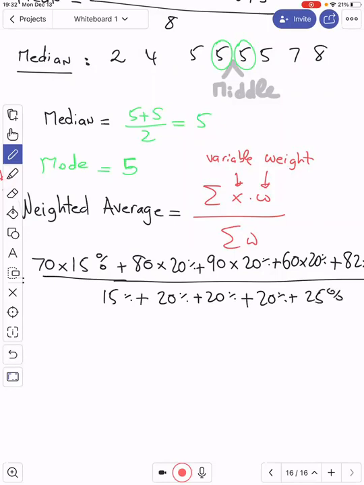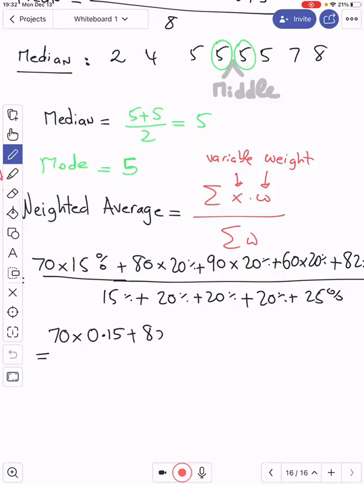Just to remind you guys, when you have a percent, like 15%, that's 15 over 100. So this is like 70 times 15 over 100, which is 0.15.